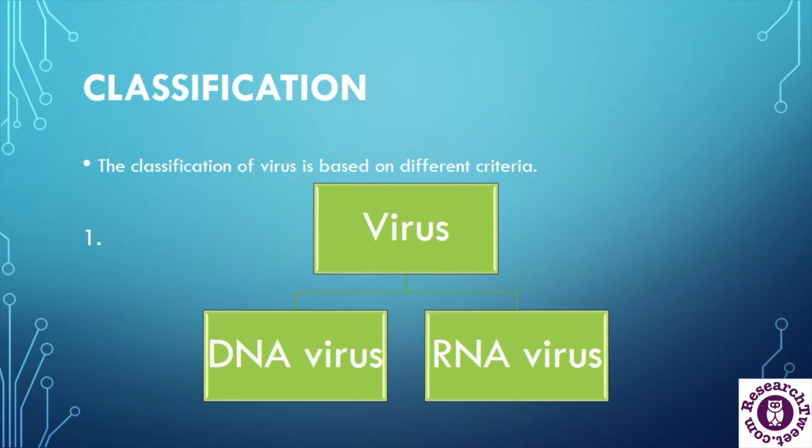Now the viruses are classified into different categories according to different criteria. According to the genetic material present in the virus, they are categorized into two types, named DNA virus and RNA virus. Viruses which have DNA as genetic material are considered DNA viruses, and if the virus has RNA as genetic material, it is considered an RNA virus.